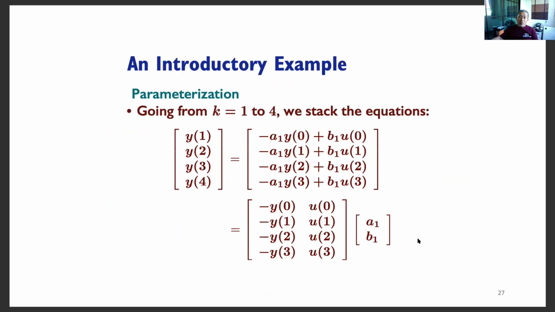So we go to the parameterization, from k equal to 1 to 4. We stack the equations, y1, y2, y3, y4, and then minus A1 times y0, 1, 2, 3, and B1 times u0, 1, 2, 3 as well. And then it is equal to y1, 2, 3, 4, and y0, 1, 2, 3 and u0, 1, 2, 3 multiplied by A1 and B1.